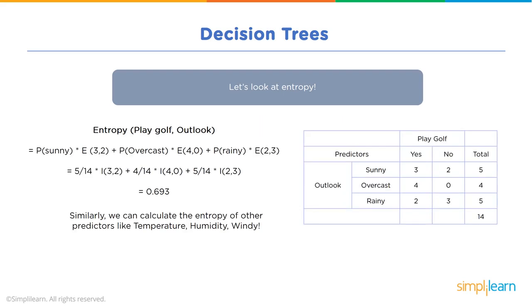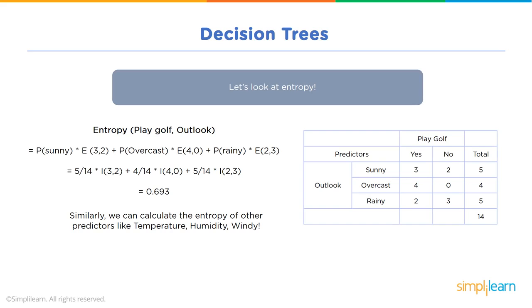And just like we calculated the entropy for the whole set, we can also calculate entropy for playing golf and the outlook. Is it going to be overcast or rainy or sunny? When we look at the entropy, we have P of sunny times E of 3, 2. That just comes out to how many sunny days yes and how many sunny days no, over the total, which is 5.